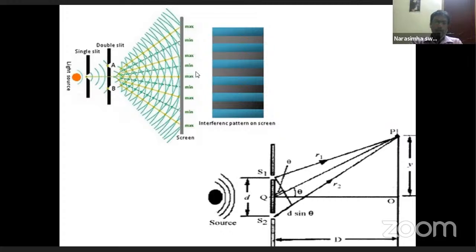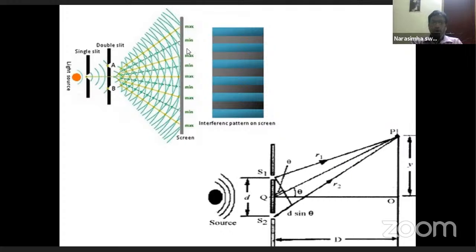What is it due to? Interference of two waves. What is interference? Superimposition of two waves. The pattern on the screen will be alternate bright and dark fringes, and for them we can calculate the fringe width, the gap between two bright or two dark fringes.